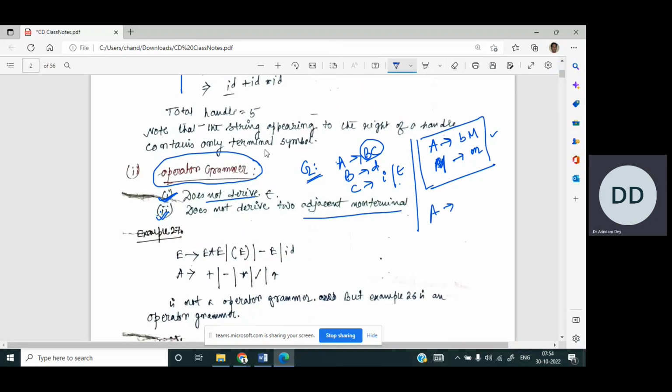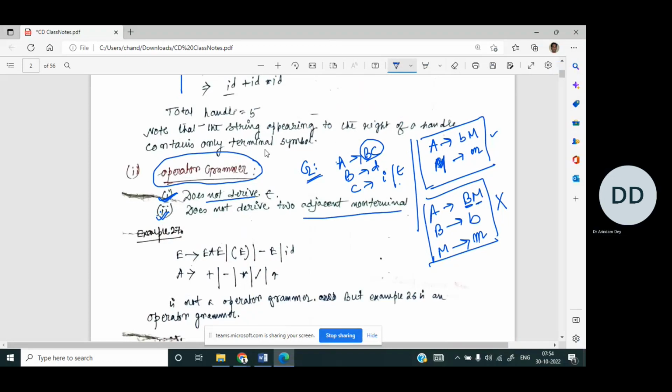But if I change the grammar in this portion, capital B, capital M, and capital B generating small b, capital M generating small m, then definitely the grammar will not be an operator grammar because two variables are adjacent. Okay. If I change the grammar in this, A to small b, capital M to small m, up to that it was fine.